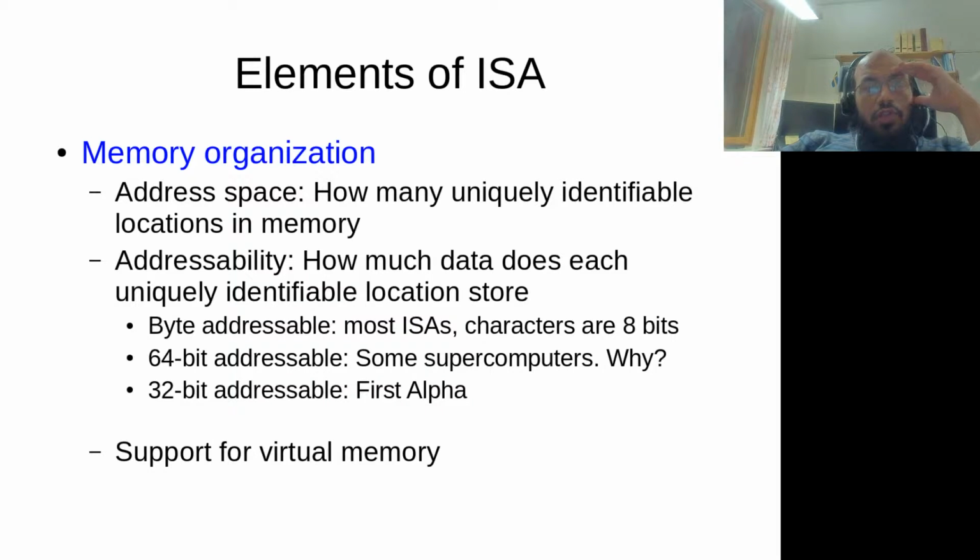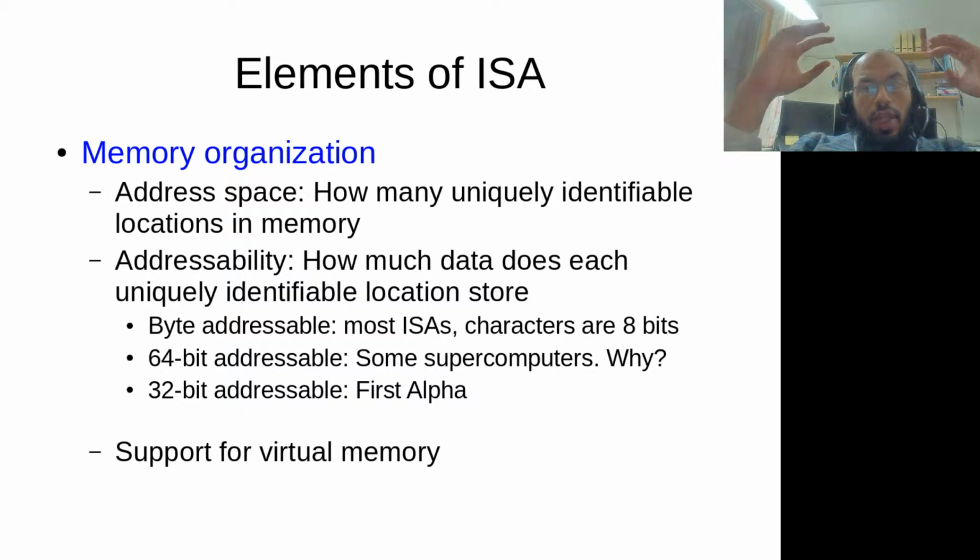And that brings us to the next element of ISA that actually has quite significant effect on the way we design operating systems. And that is basically its memory organization. The memory organization of an ISA defines mostly two things.